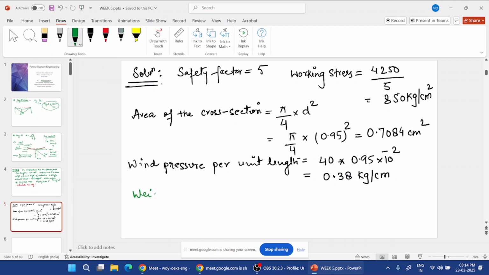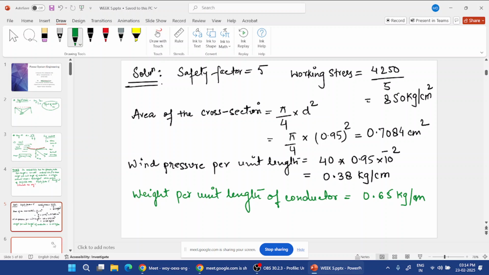Weight per unit length of the conductor is 0.65 kilogram per meter. Okay, so based on that, we have to calculate the total effective weight.